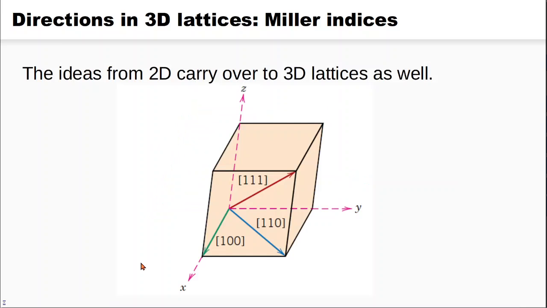Similarly, in 3D, we have exactly the same sort of definitions. So here are the 1,0,0, 1,1,0 and 1,1,1 directions in a generic 3D lattice.